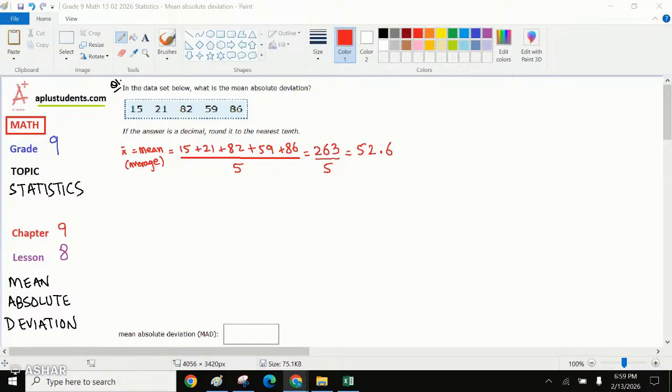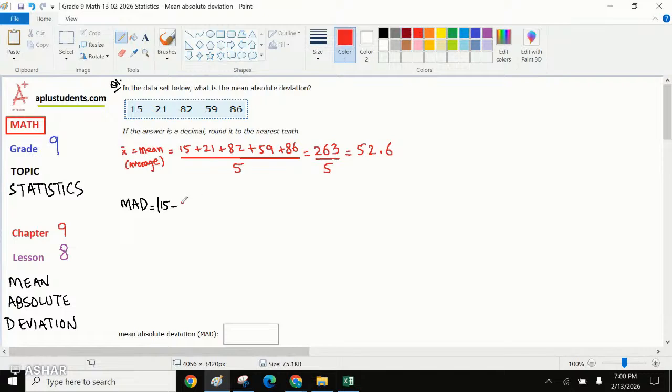Now if we need to find the mean absolute deviation, MAD, the deviation would mean we need to compute certain values first. What we do is each number subtracts the mean, but we put a modulus on top. That means the first number, 15, minus the mean.